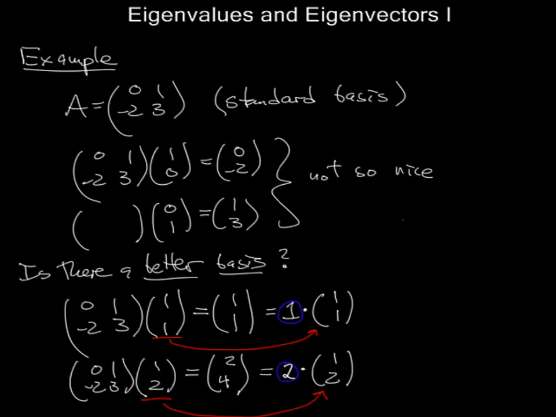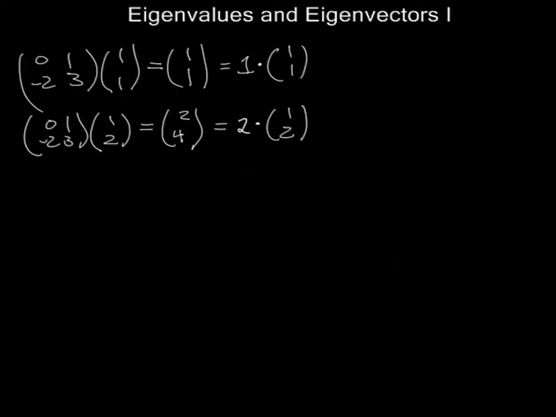So with respect to this basis, this is a rather nice basis to picture the linear transformation. Here are these two vectors (1, 1) and (1, 2), and it's simply stretching by a factor of 2 in the (1, 2) direction, and keeping the stretch of a factor of 1, so to speak, in the (1, 1) direction.